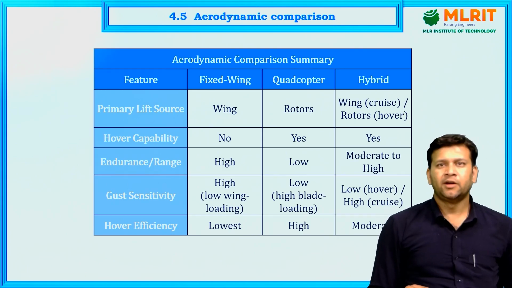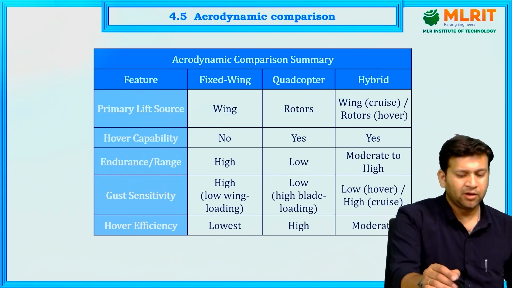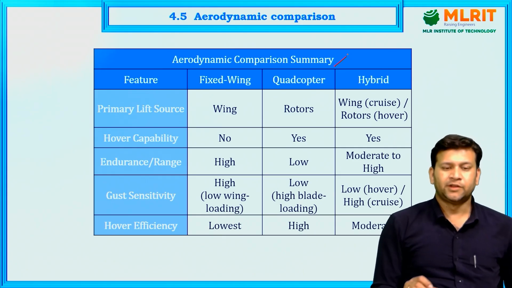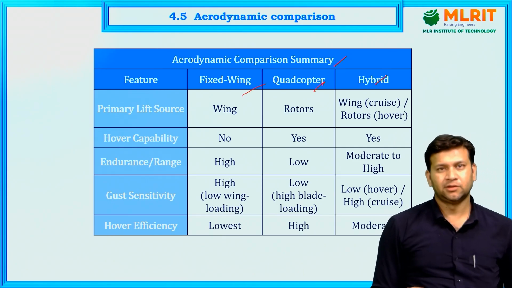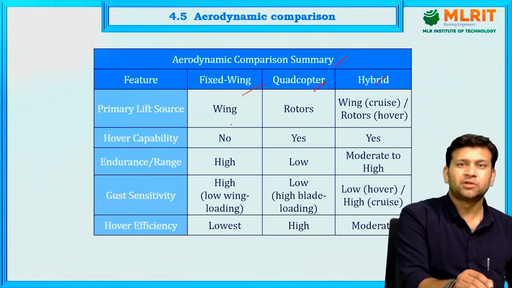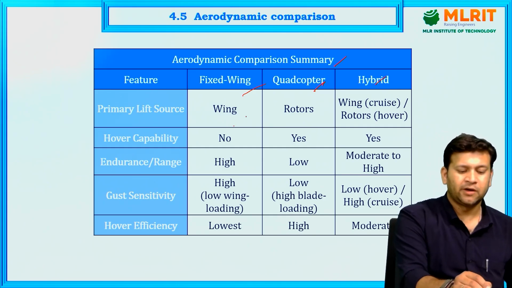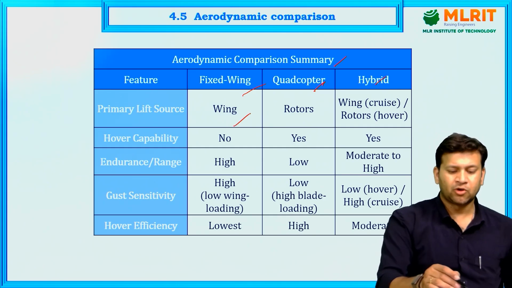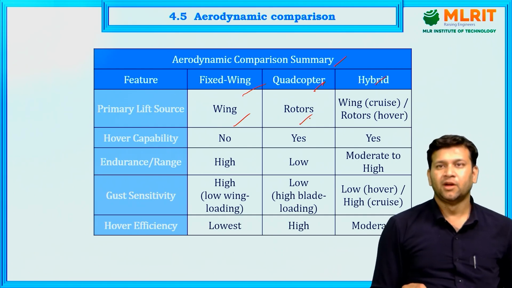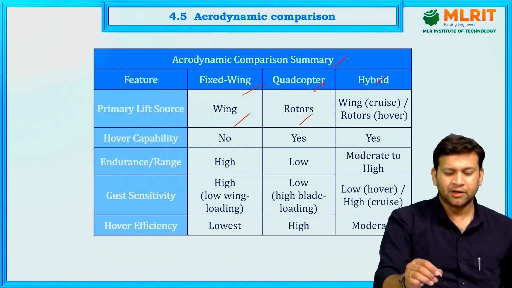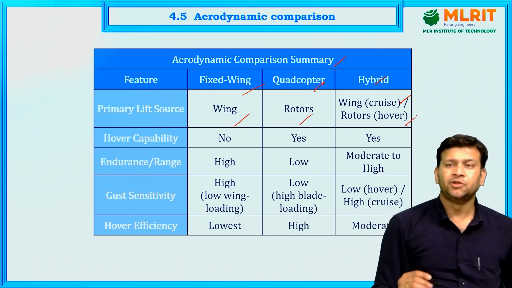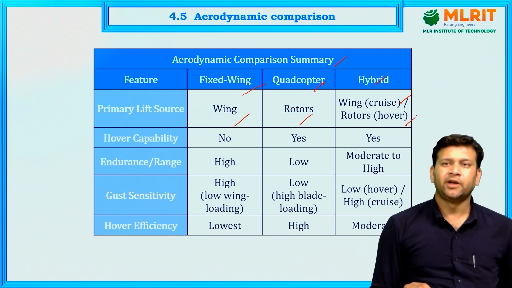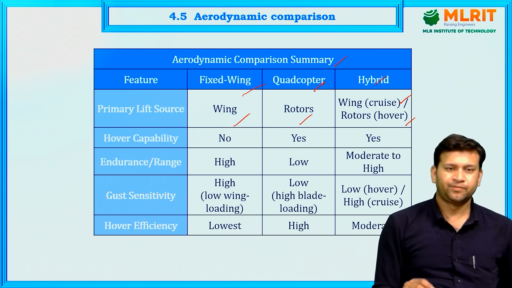The aerodynamic comparison summary of fixed wing, quadcopter and hybrid unmanned aerial vehicles. The primary lift source for fixed wing aircraft is the wing. For quadcopters, it is the rotor, and for hybrid unmanned aerial vehicles, the wing during cruise and rotors during hover, vertical takeoff and vertical landing.